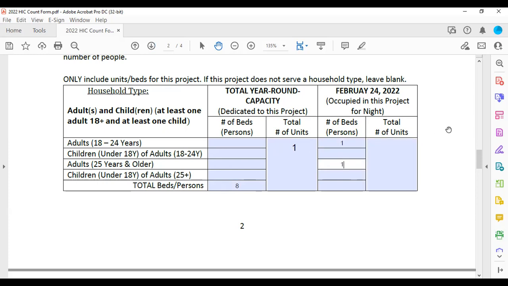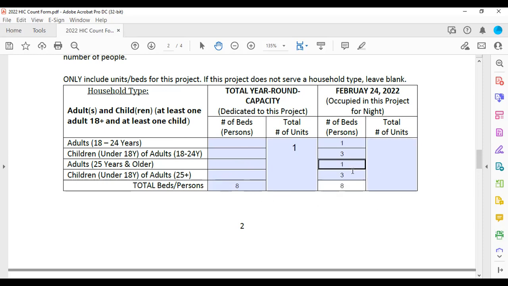You had one adult that was over 25, and let's say this adult had 3 children, this adult had 3 children, and so that gives us a total of 8.